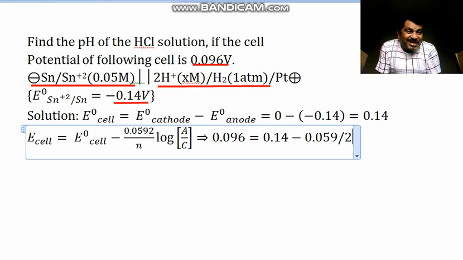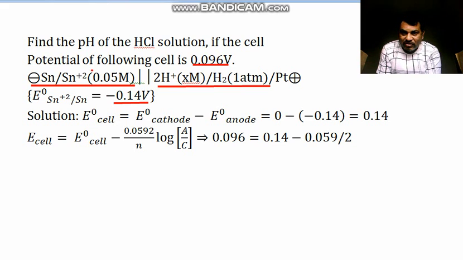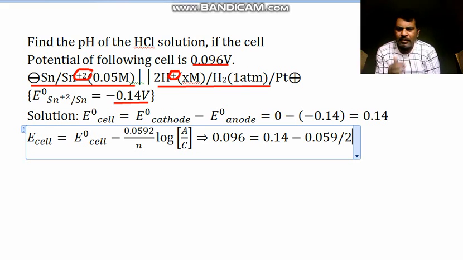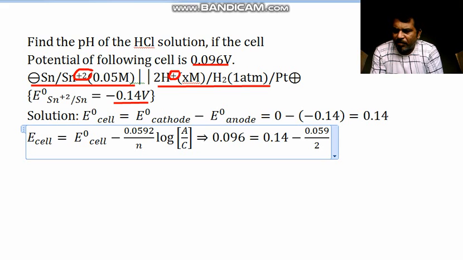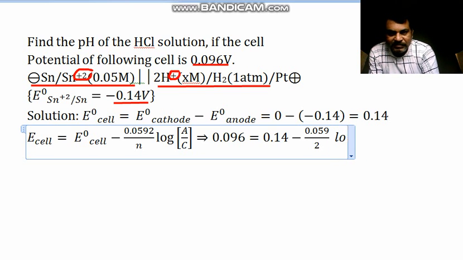See, Sn has how many electrons? Check this. Sn has 2 electrons. And hydrogen has 1 electron, 2 and 2, so that's why total n is 2. So I am putting here the value of n, that is 0.059 by 2, and log anode by cathode.